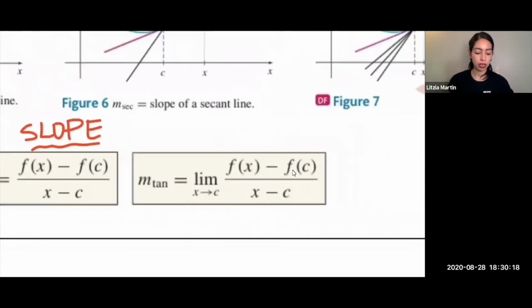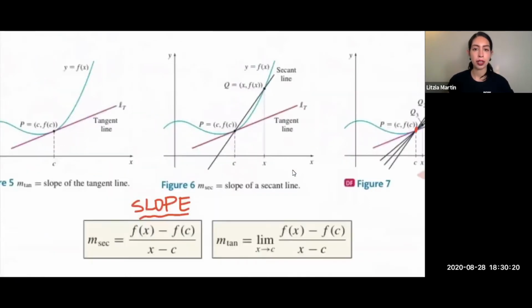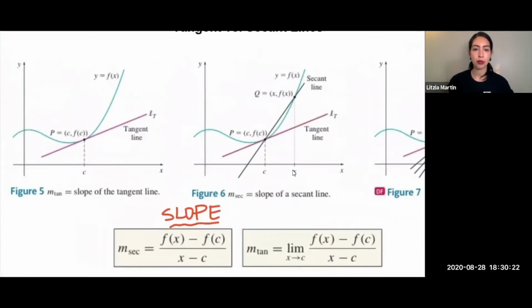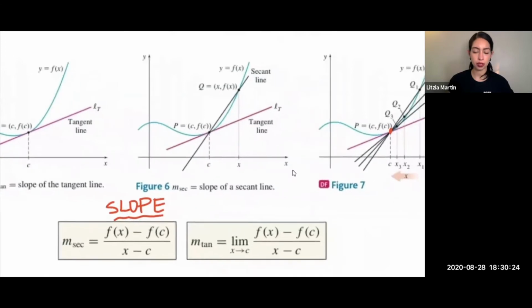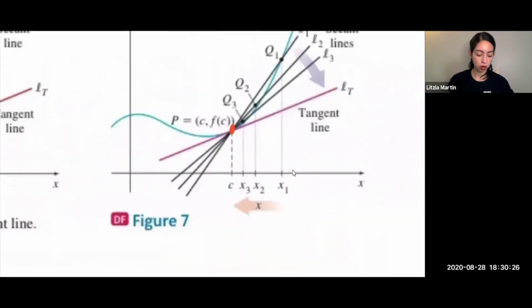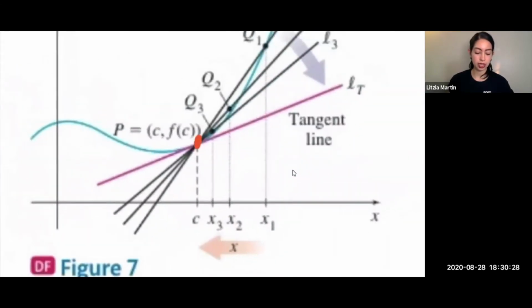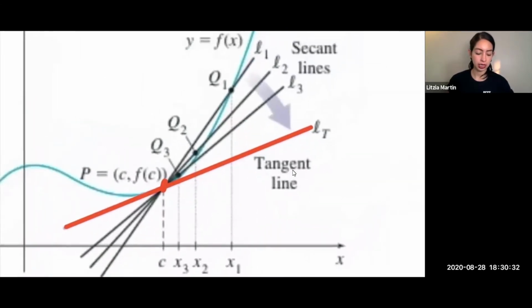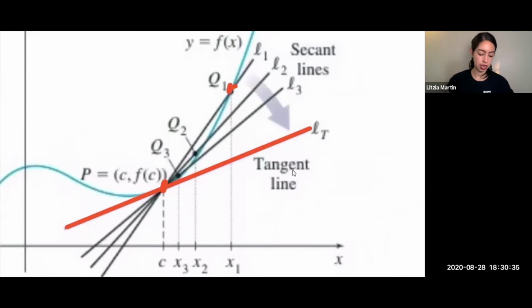Well, if you look at our image here, let's actually work backwards. Our goal is to find the slope of the tangent line. And so if you notice here, we can take a line by picking another point on the curve, and this creates a secant line.